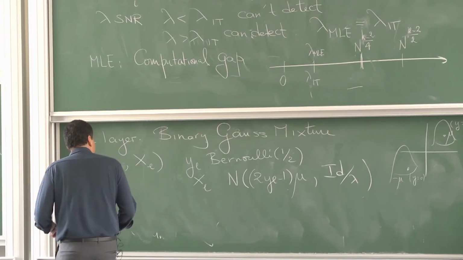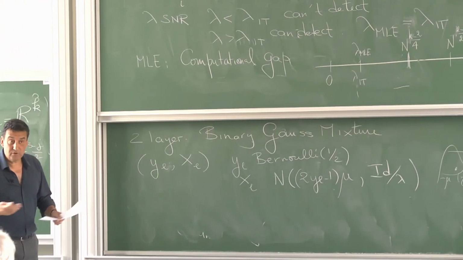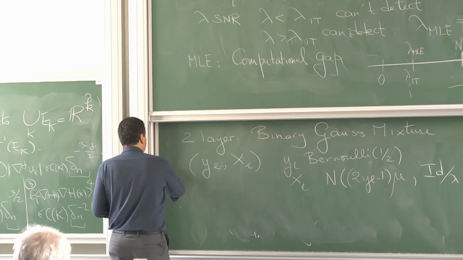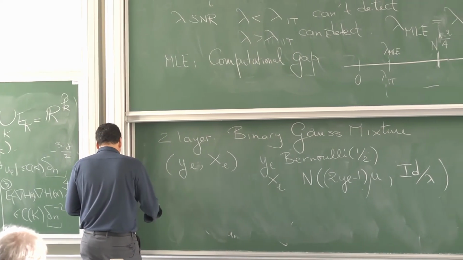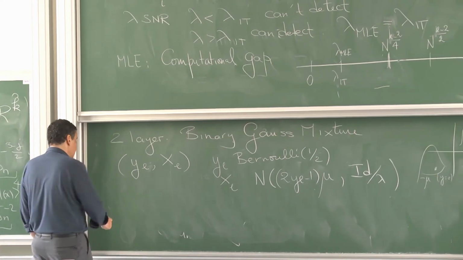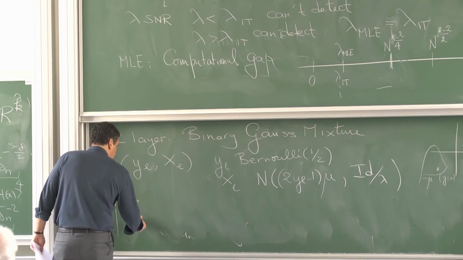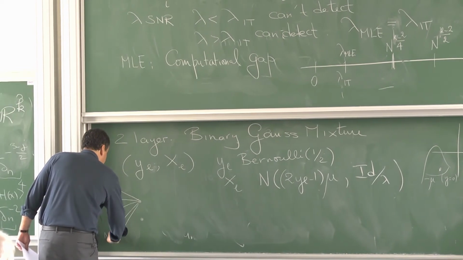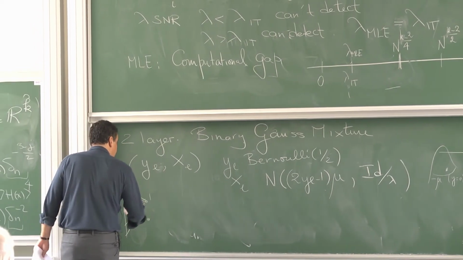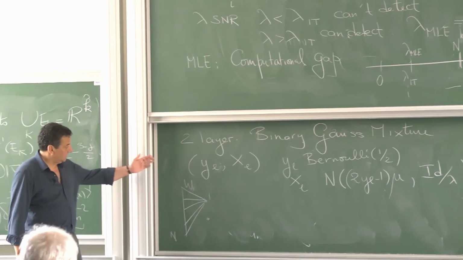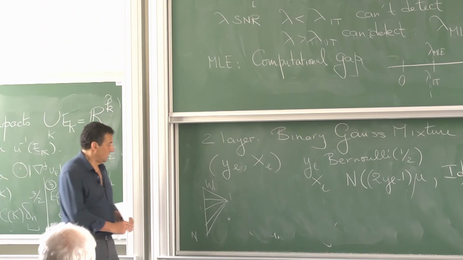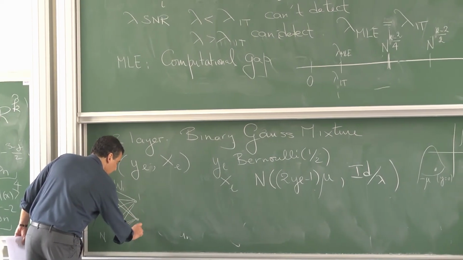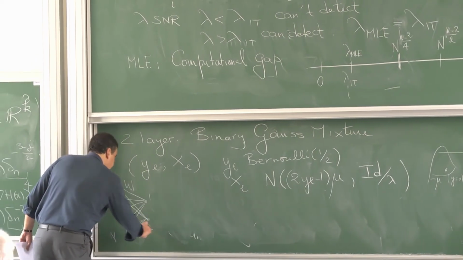You want to classify this data, and let's say mu is of norm 1. You want to classify with two layers, the simple thing. So you have a first vector W1 that goes to 1 here, the linear links, and another one that goes to 2, so you have W1, W2.